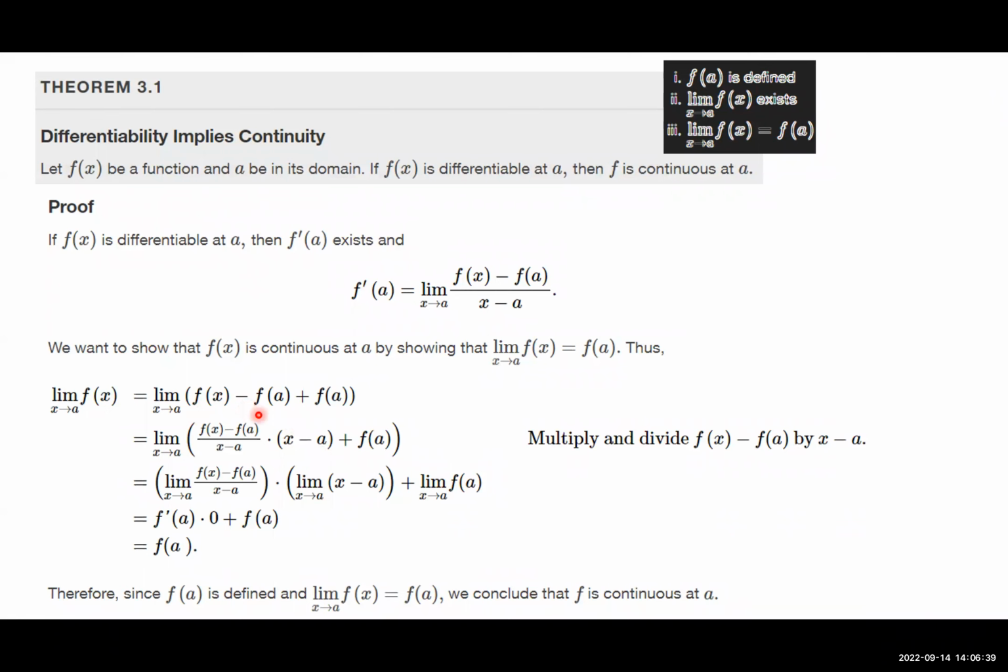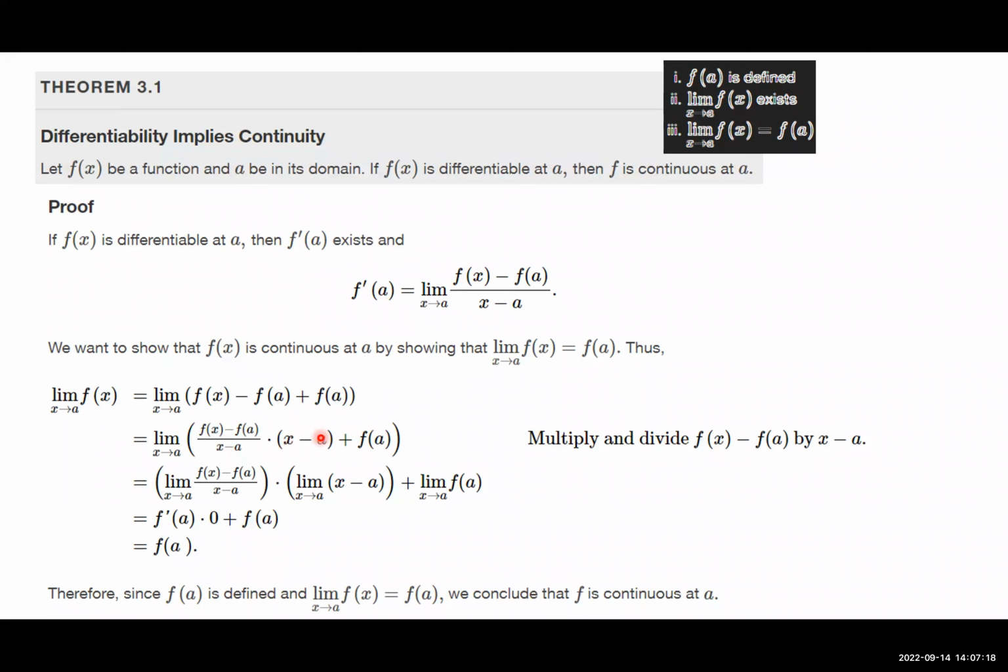So what did somebody do to prove this? Well, they subtracted f of a plus f of a. Basically, you're adding nothing, right? If you take something away and then add it back. And in the next step, it might have been easier if we had written x minus a over x minus a together, and then you see, if you multiply by 1, you're not changing the equation.